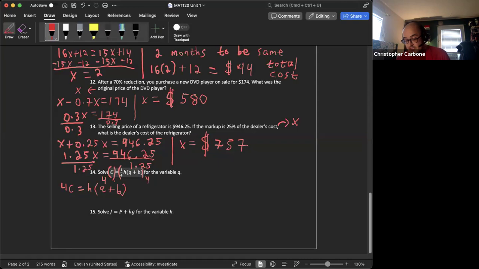For us to solve for Q, we're first going to divide by H, which would then mean that 4C divided by H is equal to Q plus B. And then since we're solving for Q, we're going to subtract B from both sides.